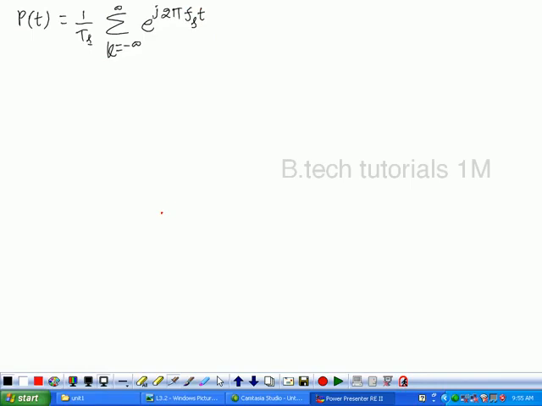Is it right? Now take the Fourier transform on both sides.